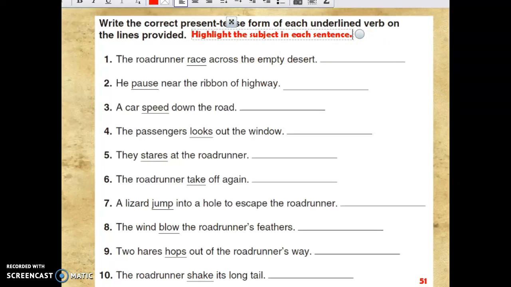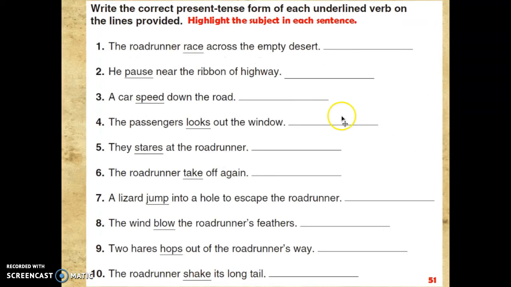So you're probably asking yourself, why, Mrs. Gable? Why do we have to do that too? Well, here's why, boys and girls. When you figure out what the subject is, you'll be able to know what to do with your verb to have it make sense. Okay, so let's do number 1 and number 2 together.